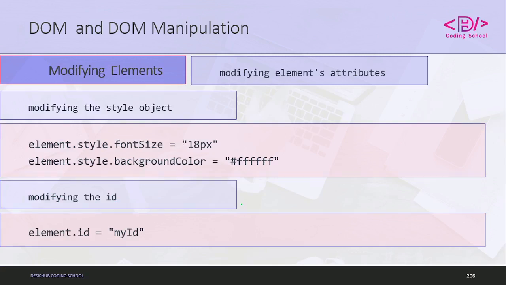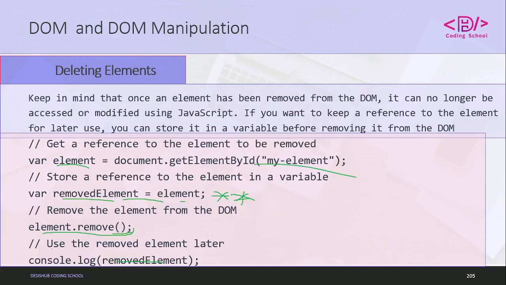Okay, so I think we can do modify element attributes, but I never wanted to do this. I think this could be the end of this lecture, so let's stop here for today's video. I don't want the video to be too long.